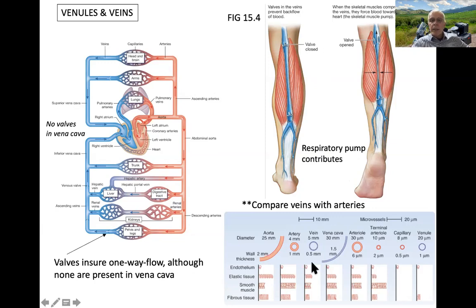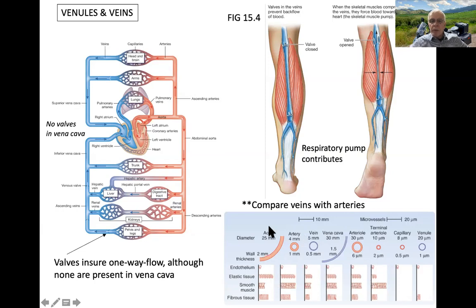I captured, again, another cartoon down below, actually, a series of cartoons to illustrate the relative contribution of the elastic tissue and the muscle tissue in each of these vessels. And again, I like this one because it illustrates a little more of a gradual change.